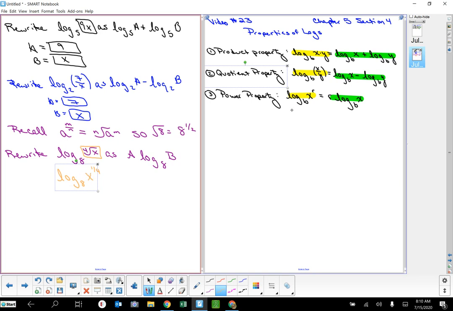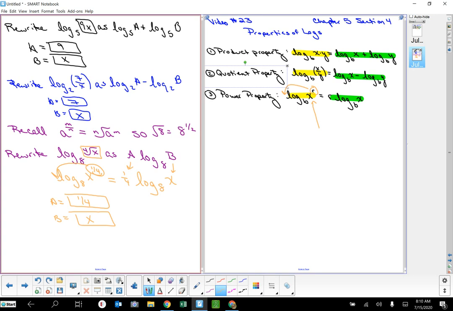And now, if you take a look over at this screen over here, you now have a base to some power, right? So the power ends up coming down out front. So this is equal to 1/4 log base 8 of x. And so your answers are going to look like A is the 1/4 and B is x. So this is 1/4 and this is x.